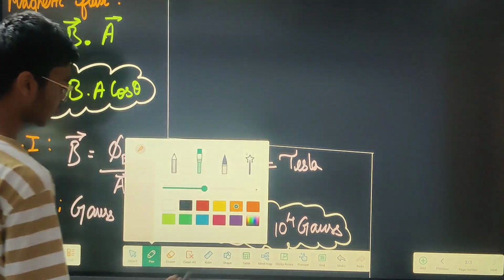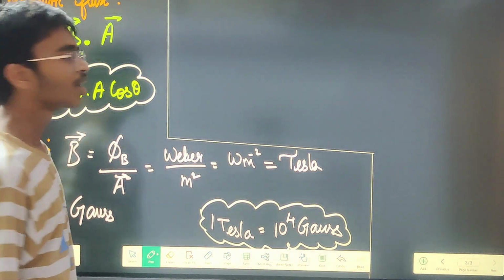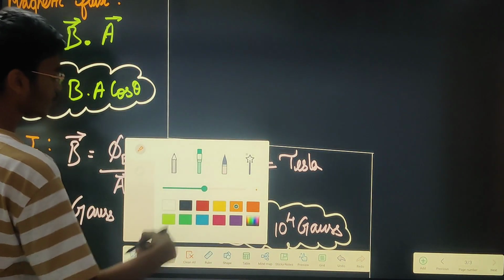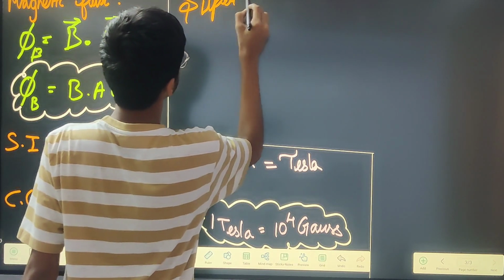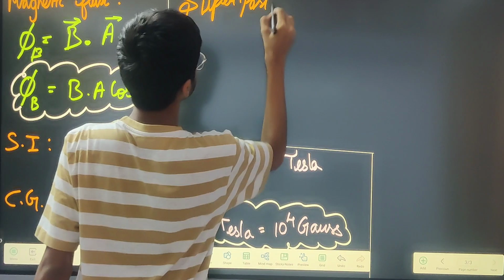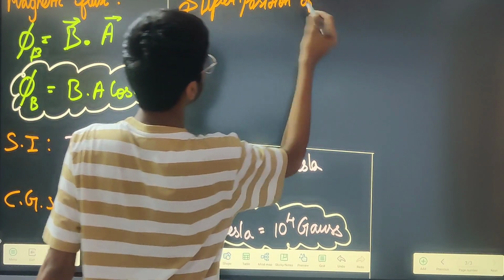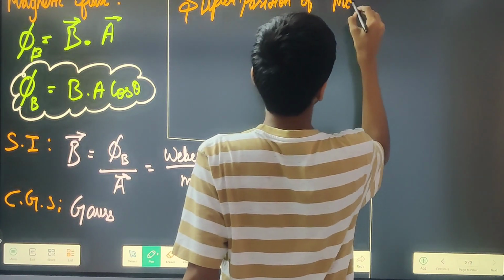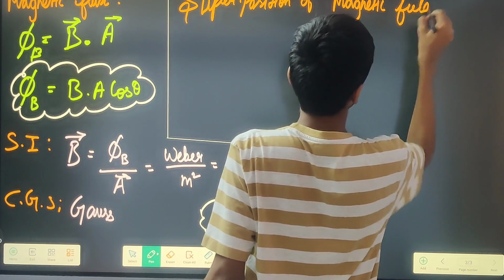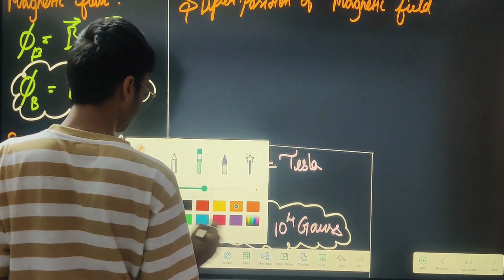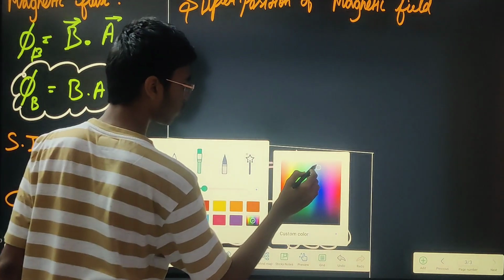Okay, coming back to here, first we are going to see about superposition of magnetic field. It is a vector quantity, right? So what will we be doing for vector quantities?